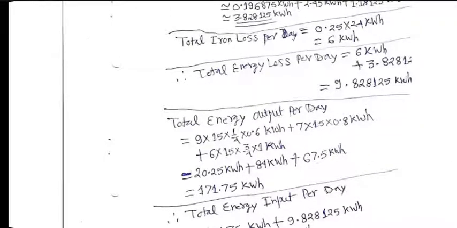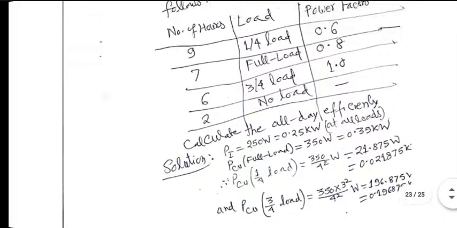15 into 0.6 divided by 4 is the total wattage in the 9-hour period. And that multiplied by 9 gives me kilowatt hour. For the next row, we have the 7 hours slot and 0.8 power factor.